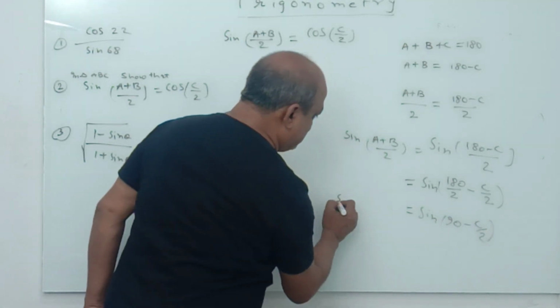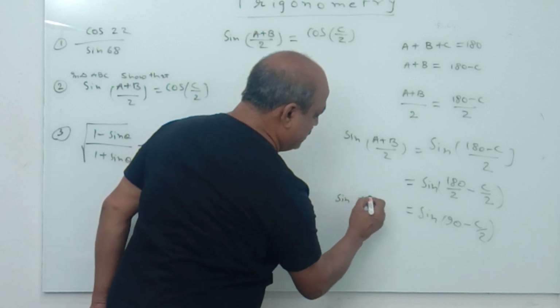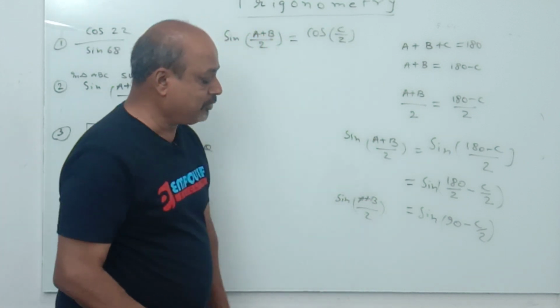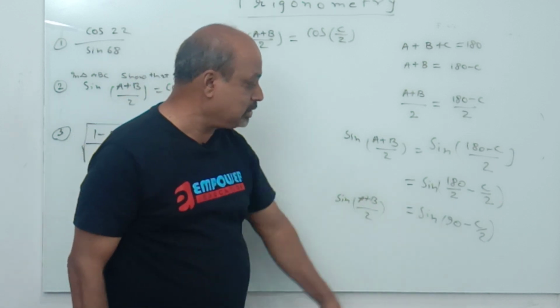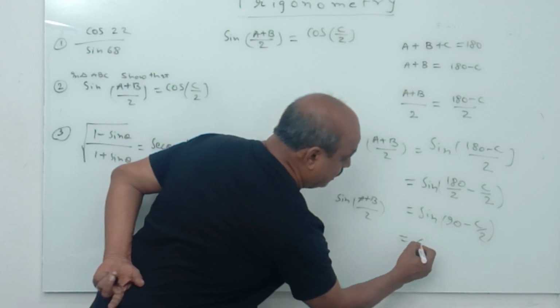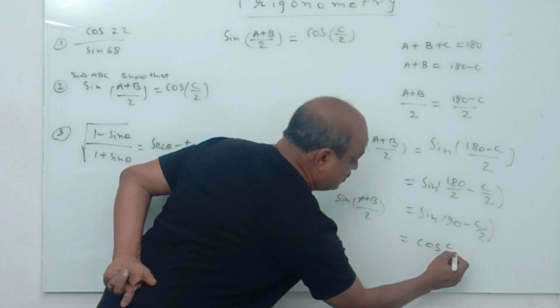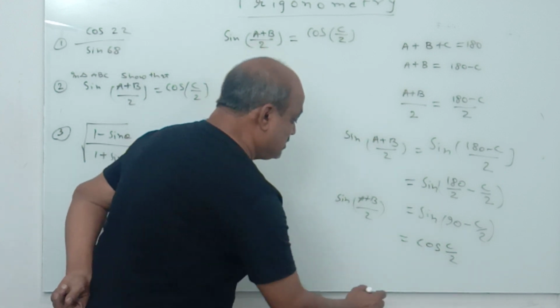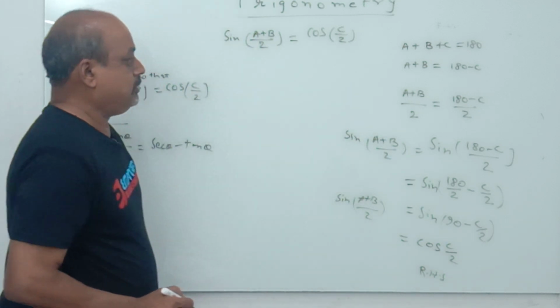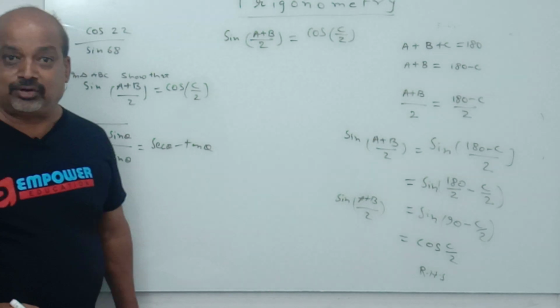On the left hand side we copy down A plus B upon 2. And by the complementary angles formula, sine of 90 minus theta is cos theta. So this is nothing but the RHS that I got. I think you understood this.